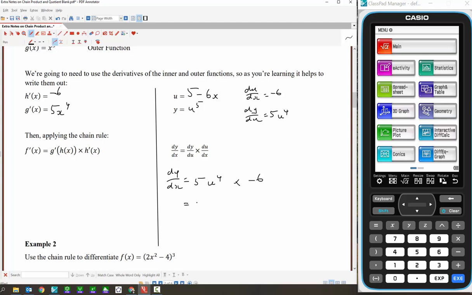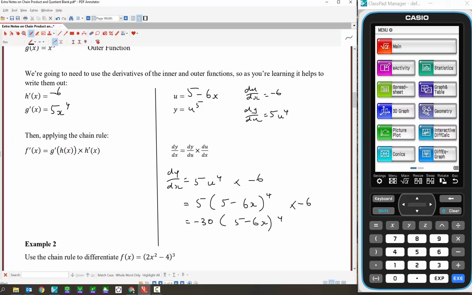So, to write our derivative, we'll substitute u back in. So, 5 take away 6x to the 4, and then multiply that by negative 6. So let's clean that up by multiplying this coefficient here by negative 6, so it's negative 30, 5 take away 6x to the 4, and there's our derivative.